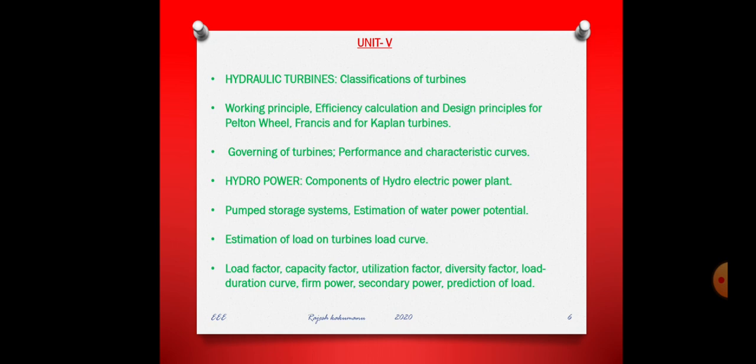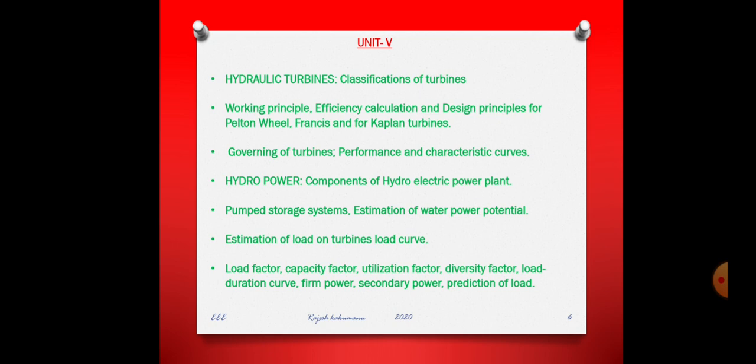Hydropower means, by making use of all these pumps, impact of jets, and turbines, how power is generated, which we study here. So in the hydropower concept you can see the components of a hydroelectric power plant. We will discuss the concept of a hydroelectric power plant.